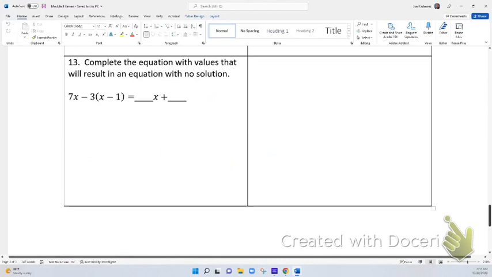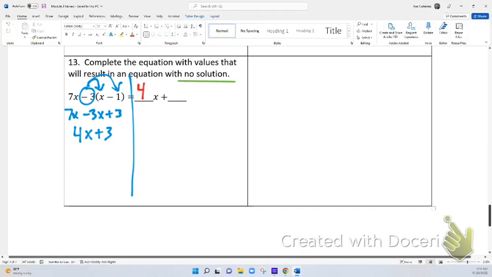All right, as I was just telling my first period, we use the same terms on the outside. So once again, this is just negative 3x plus 3, bring down the 7x, you get 4x plus 3. Now they want us to fill in the values so that way there's no solution. So when there's no solution, the coefficient is still the same.